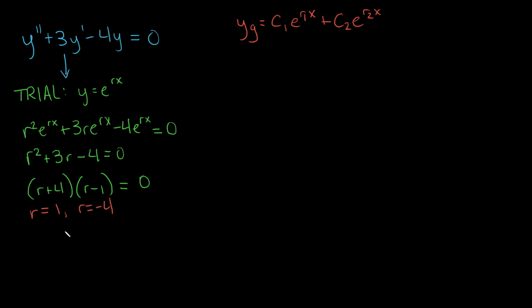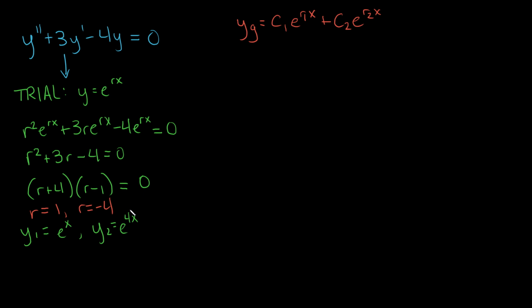So now we know that in theory we have two linearly independent solutions: y1 equals e to the 1 times x, and y2 equals e to the negative 4 times x. If we wanted to verify these are both solutions, we could plug them back into the differential equation, but I'll leave that as an exercise for you if you would like.